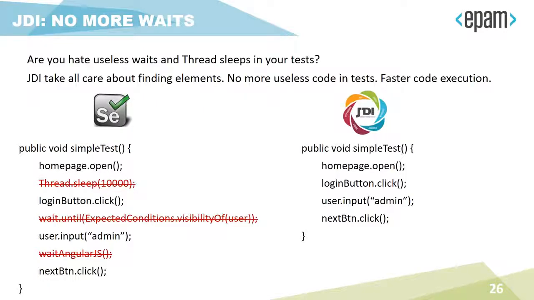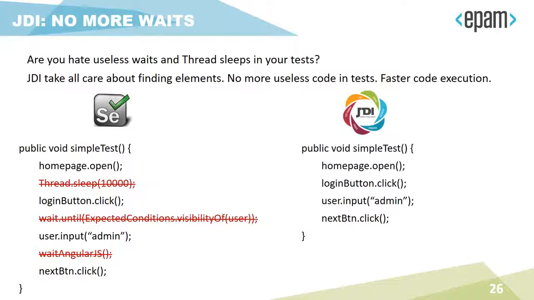First, a good feature hidden in the framework is that we have a special engine that helps us avoid thread sleeps, wait untils, or other conditions to wait for your elements. JDI can find your elements in about, I don't know, 99% of cases, and you don't need to write this code, and you don't even need to think about this.